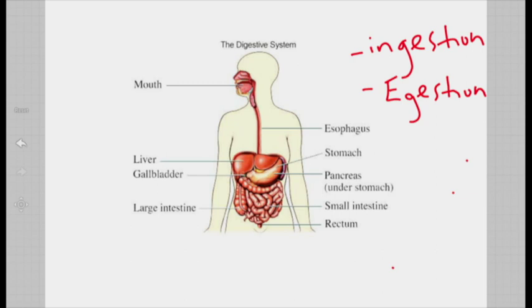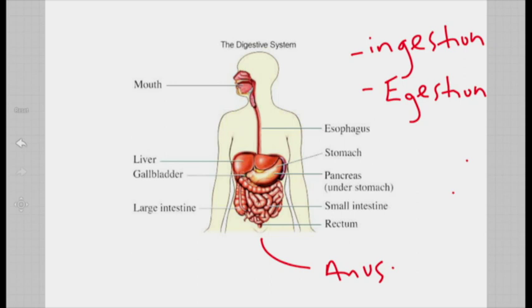Then egestion is the removal of what has not been absorbed through the anal point or through the anus. That is egestion. So the digestion process consists of a number of processes, of which ingestion and egestion are part of them. So it's very important to differentiate between these processes and also mention where they occur.